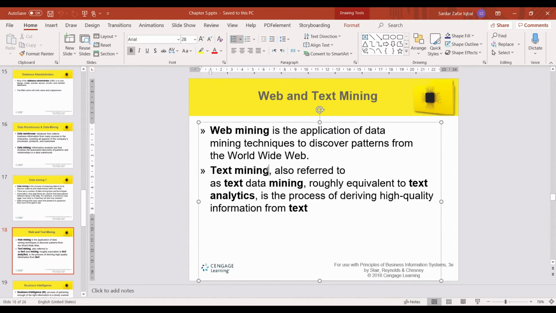For example, there are 1 million documents, and you want to search for FIS. How many times does FIS occur in all these documents?